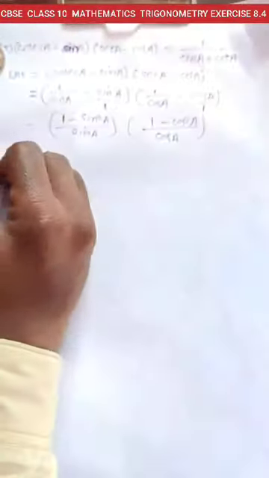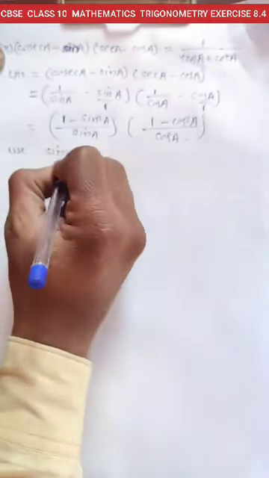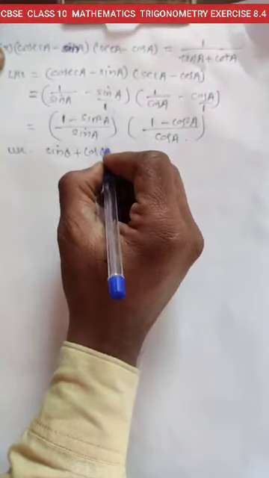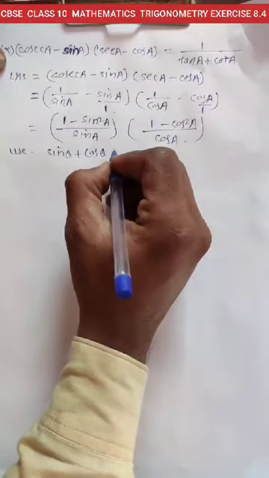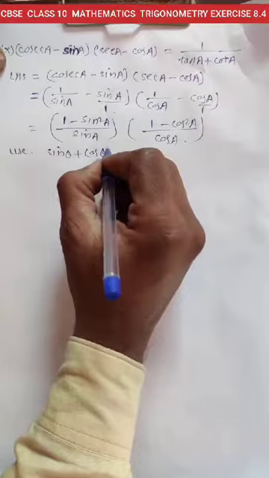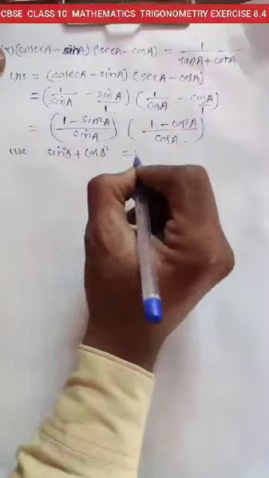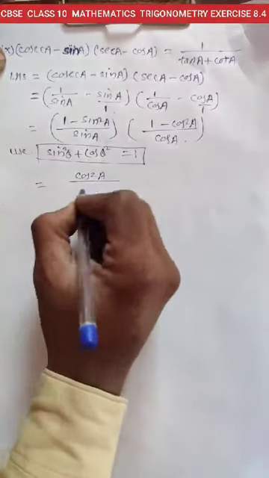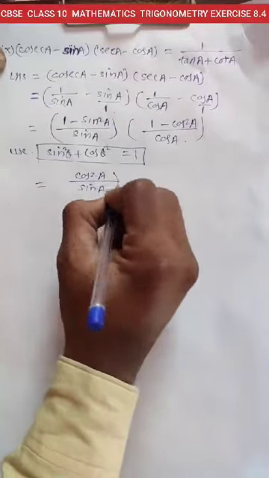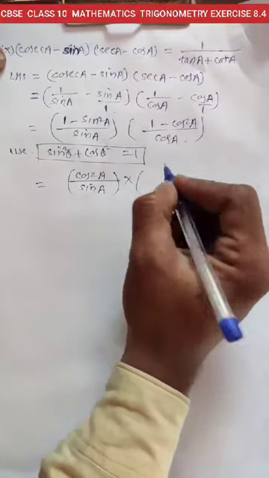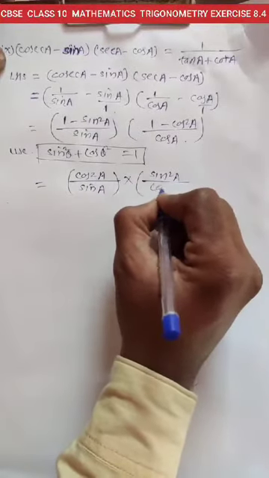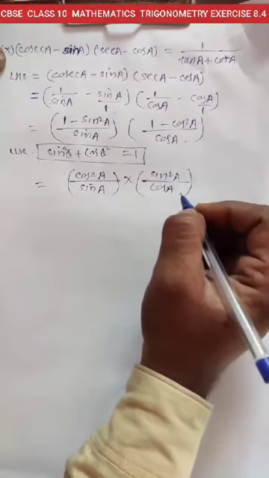So here we use the identity sin²θ plus cos²θ is equal to 1. So using this formulation, 1 minus sin²A means cos²A upon sin A, into 1 minus cos²A, that is sin²A upon cos A. Understand?